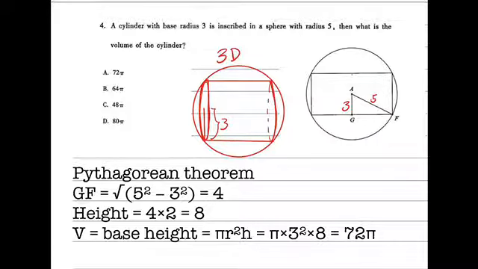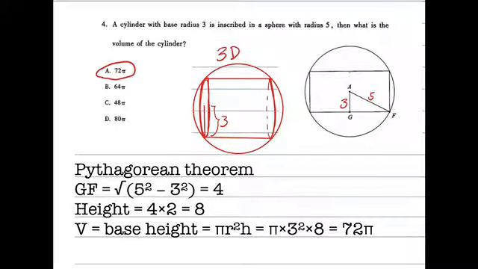So the real height should be 8. 2 times 4 equals 8. Now we can calculate the volume, which equals pi times 3 squared times 8 equals 72 pi. So the right answer is A.